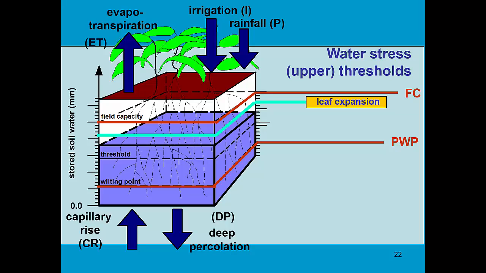As soon as the water content drops below the green line, the crop experiences water stress, resulting in a slower leaf expansion than described by the crop parameters. There is a second threshold, canopy senescence, given by the yellow line, which is close to wilting point. If the water content drops below the yellow line, the canopy starts to die off.